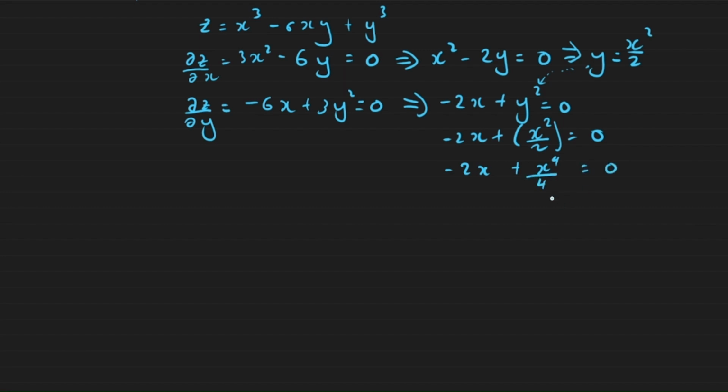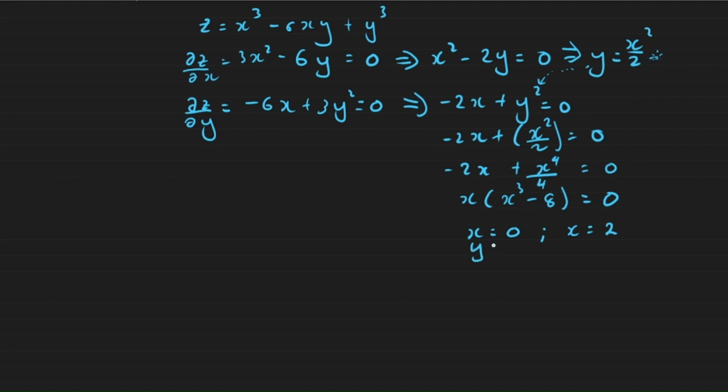So we can solve this quite easily. We multiply the whole equation by 4 and then take out x as a common factor. We get x times (x cubed minus 8) is equal to 0. Solving for this, we get x is equal to 0 and x is equal to 2. We can now determine the corresponding y values. We know that y is x squared over 2. So 0 over 2 is just 0, and 2 squared over 2 is 2, since 2 squared is 4 and 4 divided by 2 is 2.